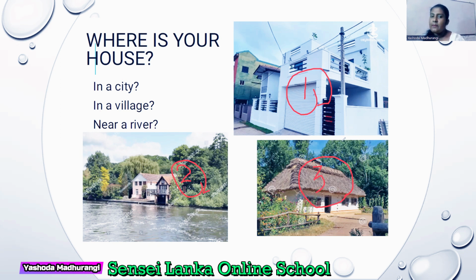How can we tell them in sentences? My house is located near a river. My house is located in a village. My house is located in a city. Like this, you must be able to write sentences. Okay, that is enough about this question.